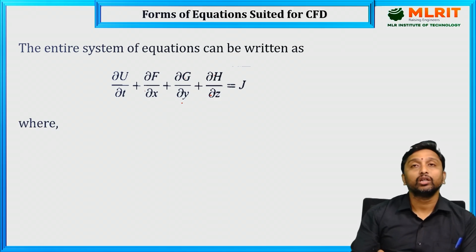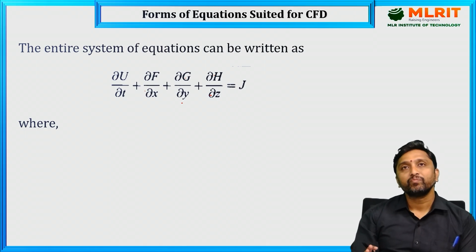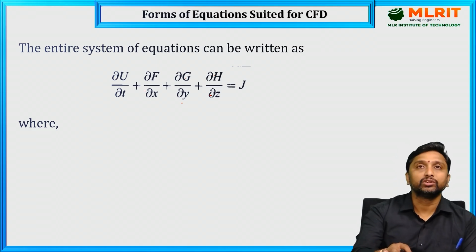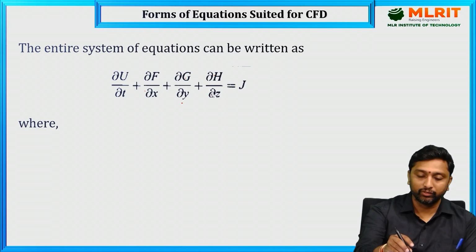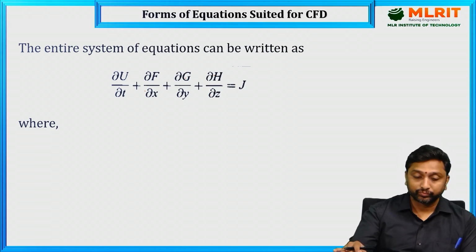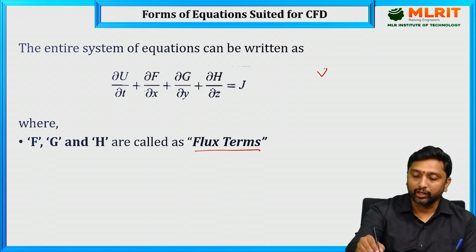These are called forms of equations suitable for CFD, because they account for all the laws: mass conservation, momentum conservation and energy conservation. I think we have already defined what each of them represents. Now F, G, H are called flux terms. You can see that they are derived from the divergence terms.